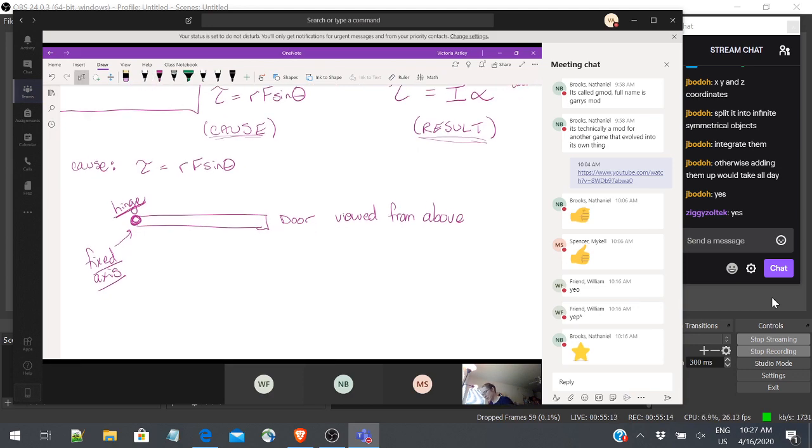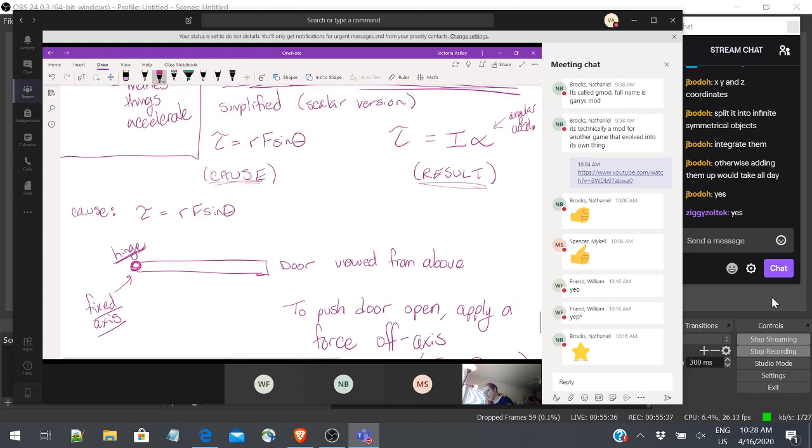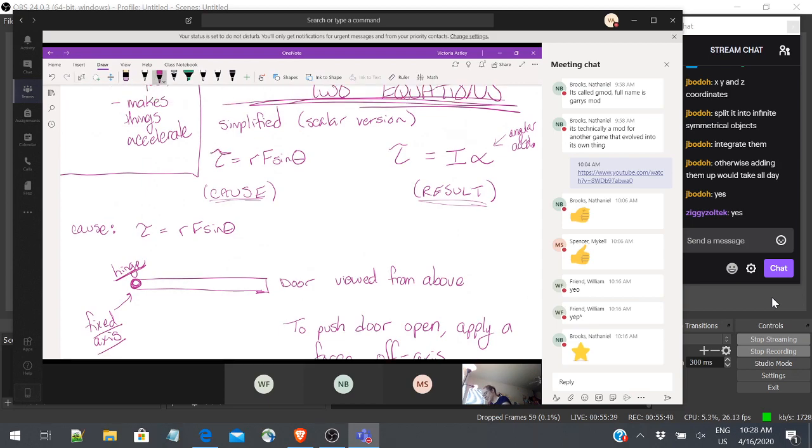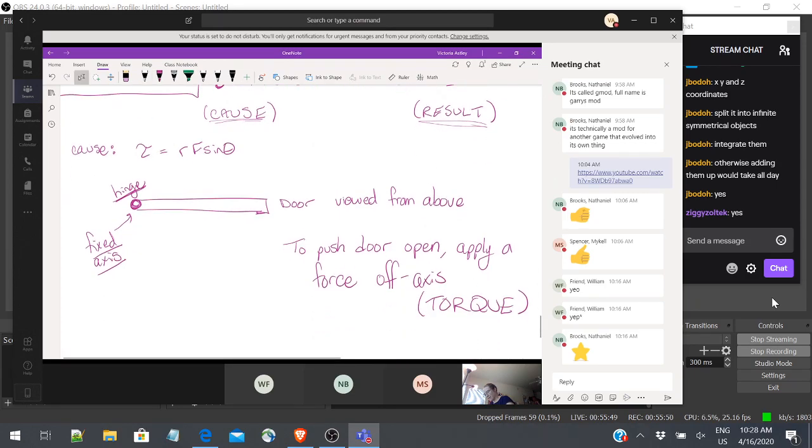If we want to push the door open, we need to apply a force off axis, which means generate a torque. Oh, and I didn't really talk about it. This symbol is the Greek letter tau. Okay. Apply force off axis.